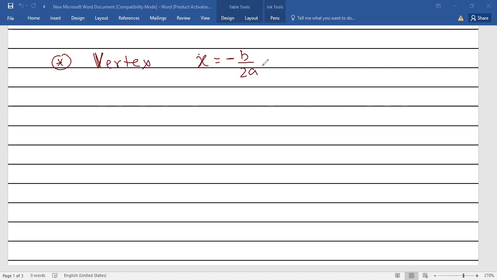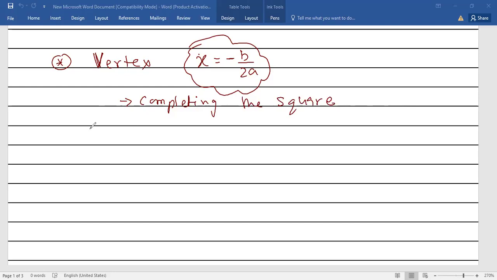For the y coordinate, we can simply plug it into the quadratic equation to get the value of y. Now, how did we get this one? This we have obtained by a method called completing the square, which we will see separately.